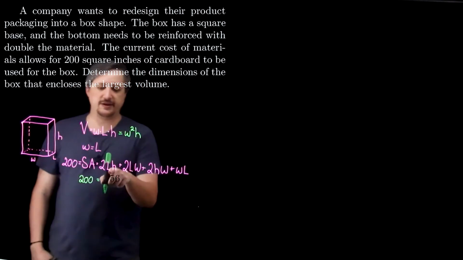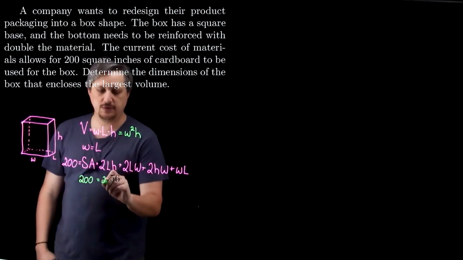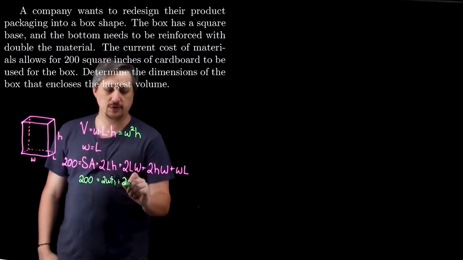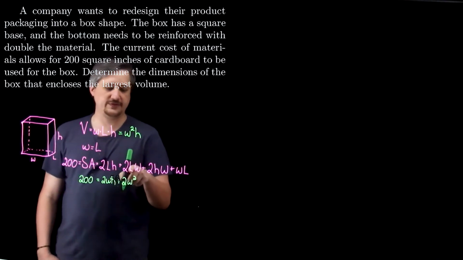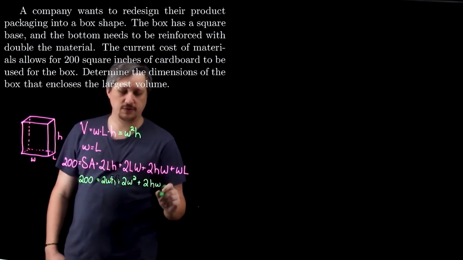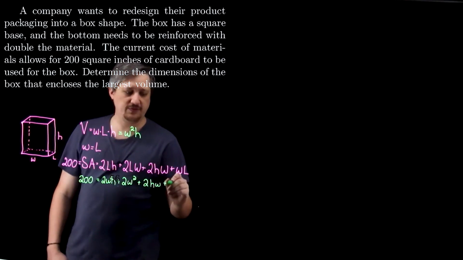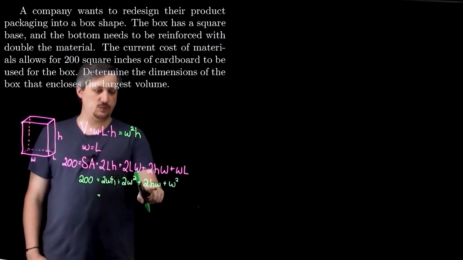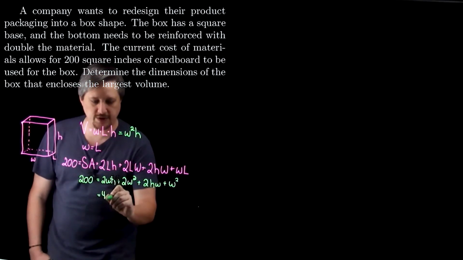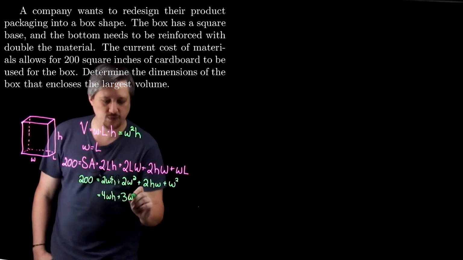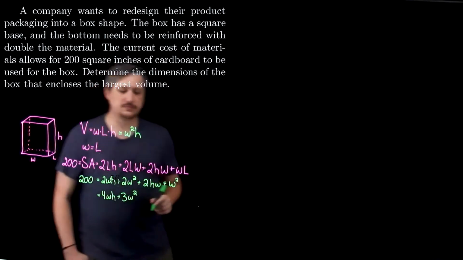But here, I'm going to have 2 times width times height, 2 times width squared, right, because that's width and width, plus 2 times height times width, plus width times width, so width squared. And now I can put this stuff together. So I have 4 times width times height. And then I have 2 and another one, so I have 3 width squared, yep. Okay.